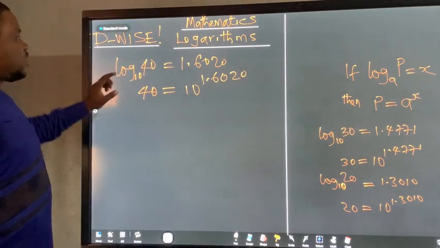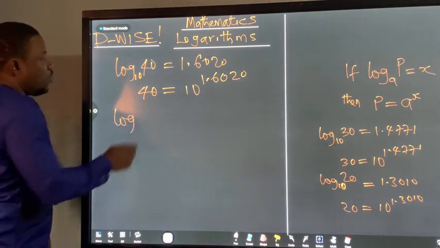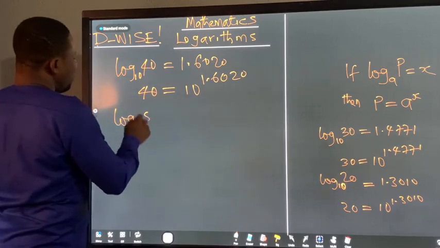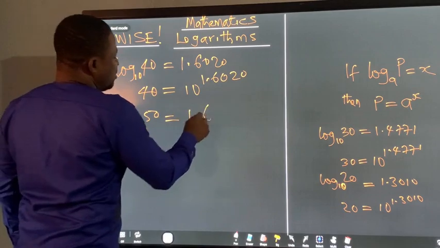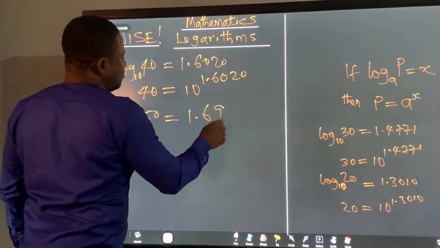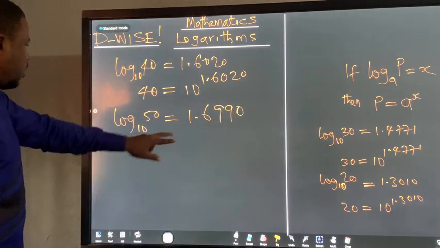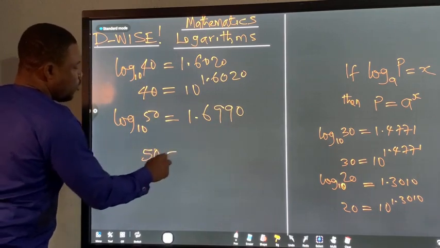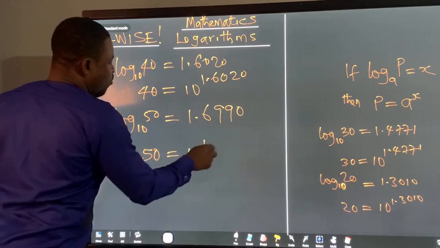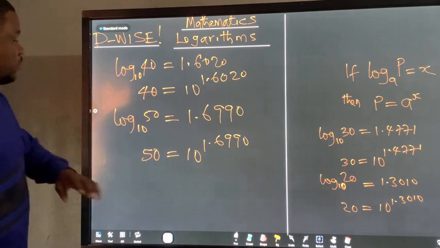Let me do one last one. Log 50 to base 10, which I think is 1.6990. That means 50 is going to be equal to 10 to the power of 1.6990. Alright? Now let me explain this.